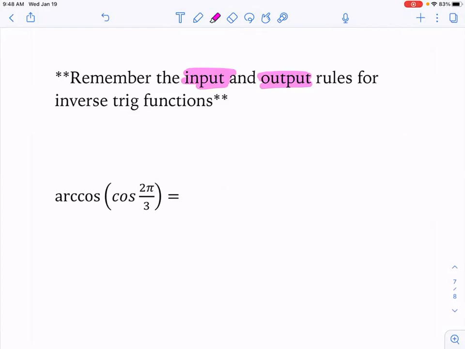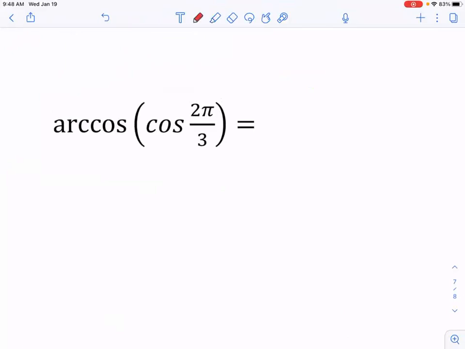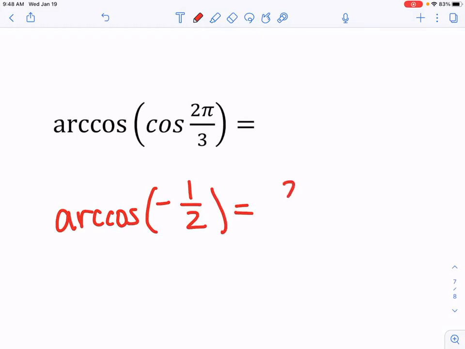Okay. So, did you write down this problem? If you haven't, make sure you do. Cosine of 2π/3. And then the arc cosine of -1/2 is 2π/3.